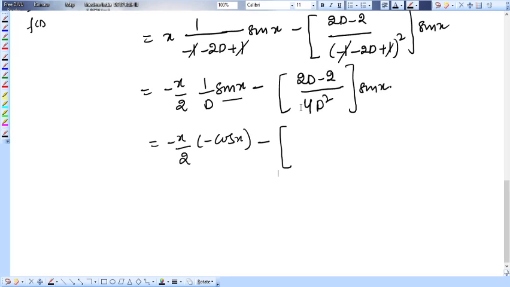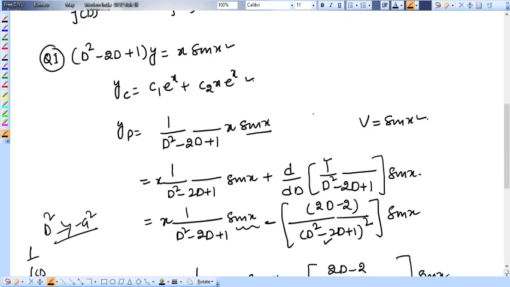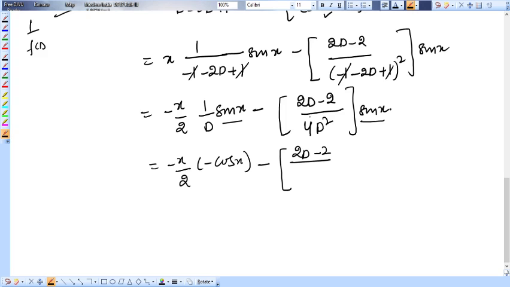Now instead of D square you can write minus 1, by rule number 2, on sin x, in order to find the particular integral. Whichever rule you use, you can write that rule number.